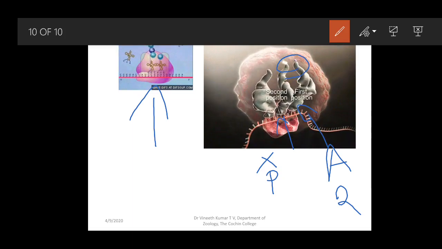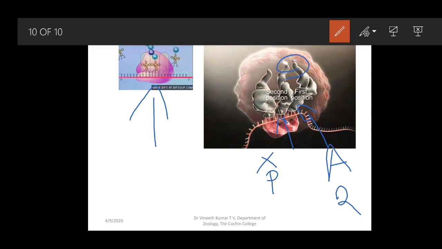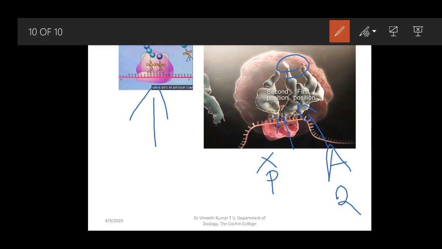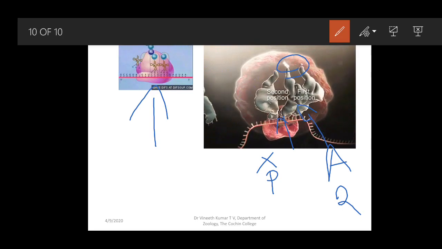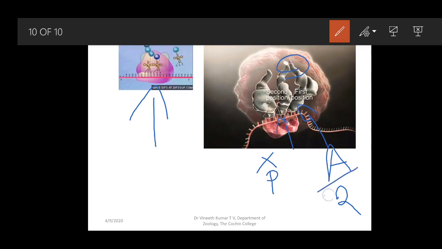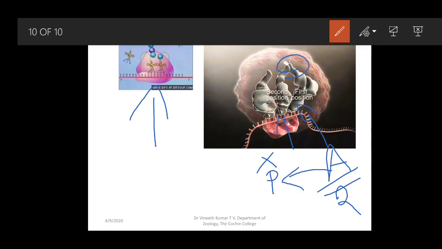As a result, new 3 nucleotides reach the A site, which is devoid of any tRNA. Now our tRNA, which was previously at the A site with a dipeptide, will be shifted to the P site. That is being shown here.